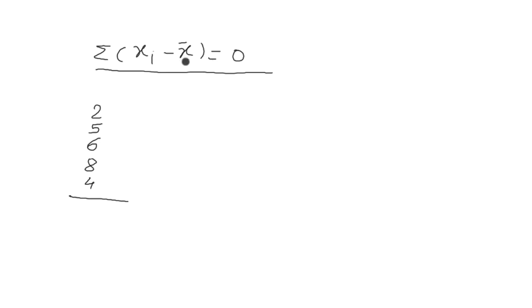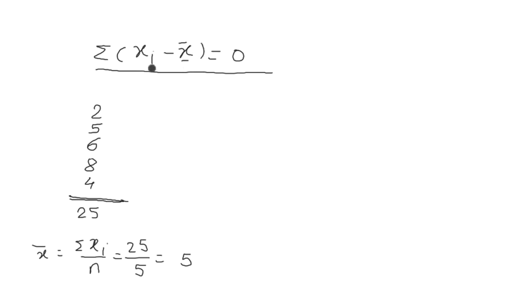To prove this statement, let me first find x bar. How will I find the arithmetic mean? First, the sum of the observations is 25. So x bar is equal to summation of xi upon total number of observations. Summation of xi is 25, total number of observations is 5. So x bar is nothing but 5.